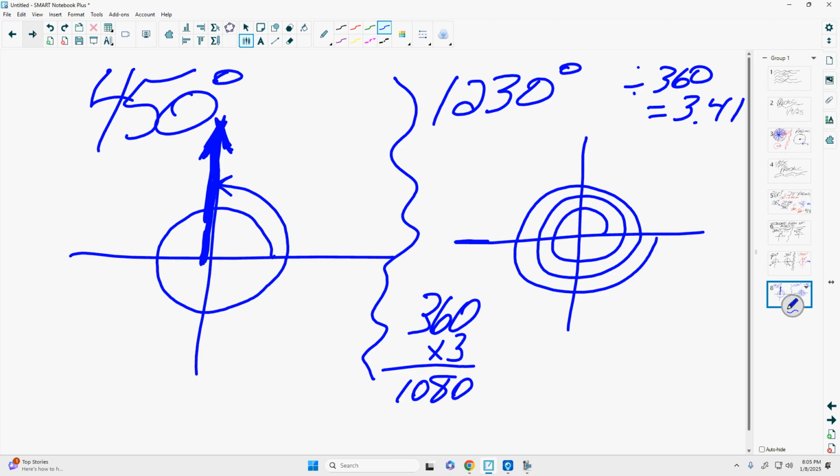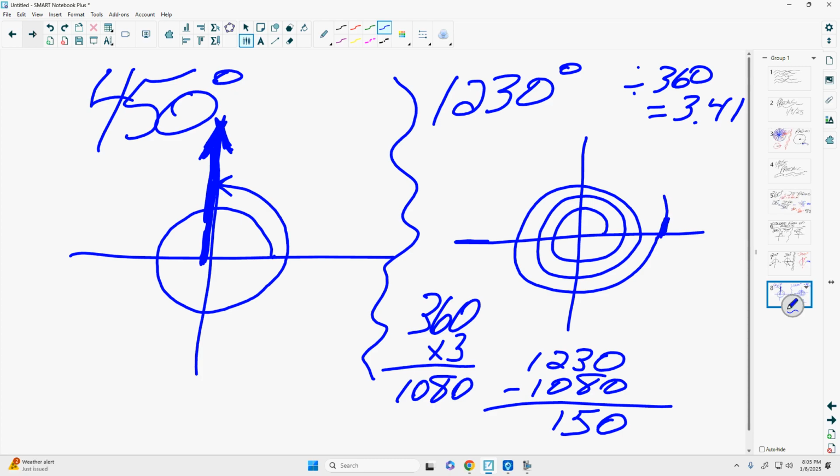And then I'm going to subtract 1,230 minus 1,080 and get 150 degrees. So from this point, I still have to go 150 more. Well, there's 90, and then I've got to go 60 more, yeah? And so that is the drawing for 1,230 degrees.